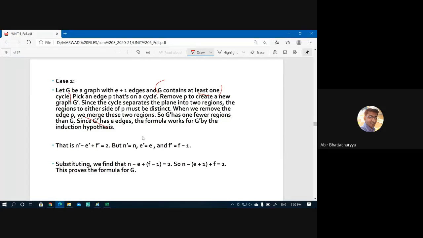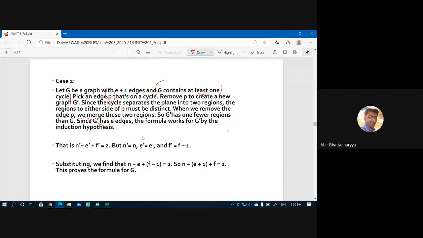So there will be two possibilities. Either it has at least one cycle, meaning 4 cycles, 5 cycles, 7 cycles, whatever, so I'm considering all cases. Let's pick an edge p from this cycle.